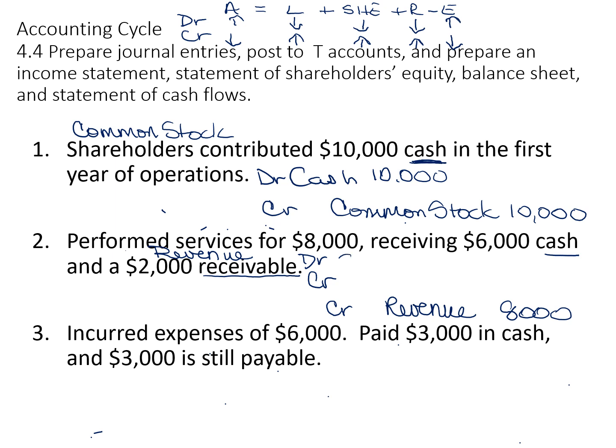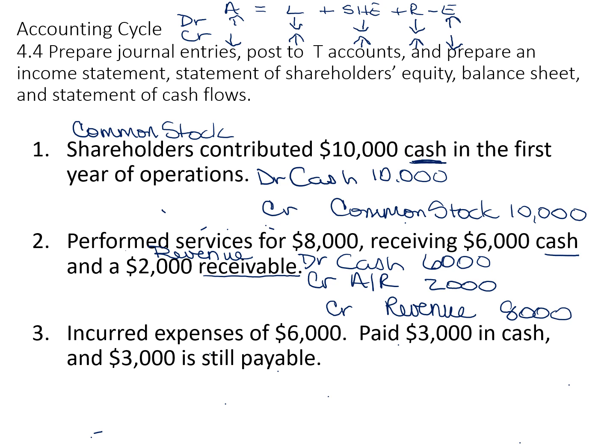I received cash, so cash, the asset, is going up $6,000, and accounts receivable, which is also an asset, is going up $2,000. And it's going up because, remember, it has future potential value because those customers need to pay the bill to us, or we will receive cash from customers in the future.